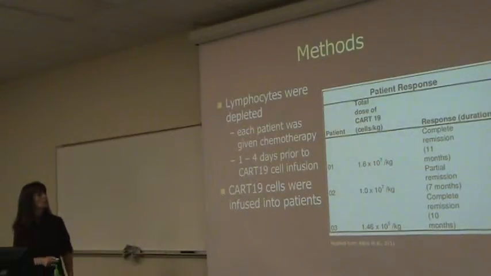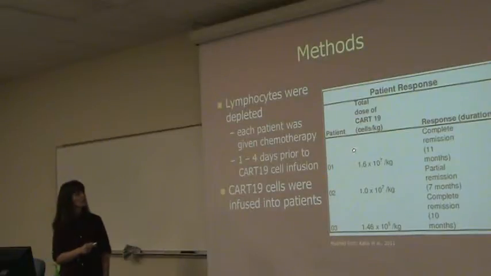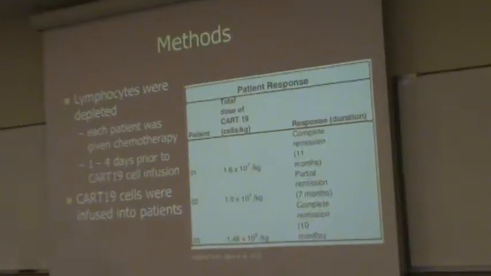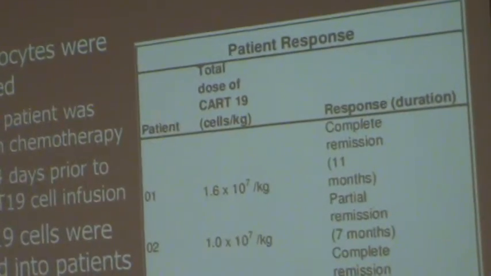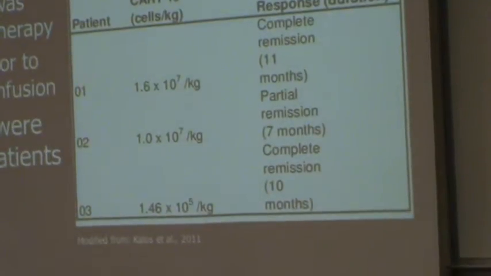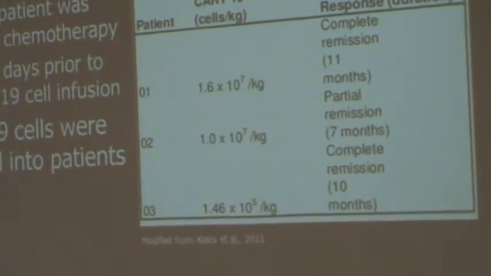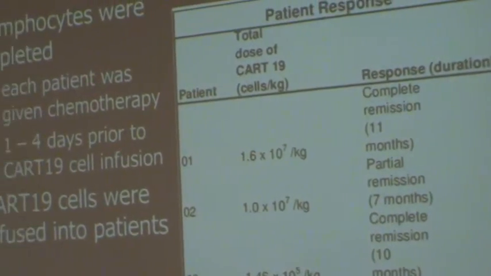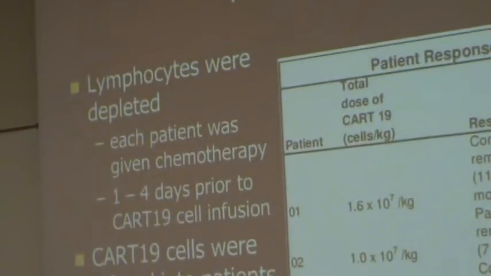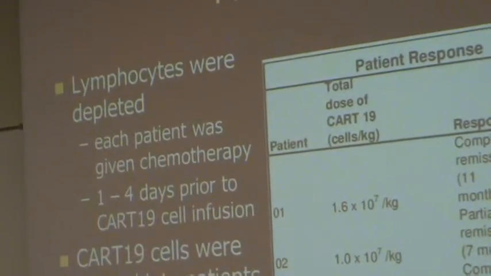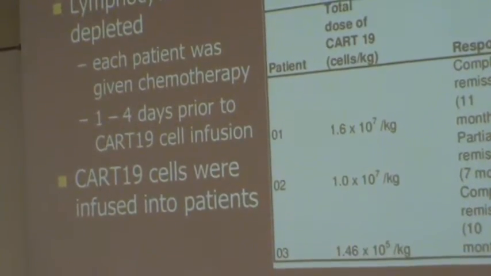Also, one thing that I wanted to point out, this shows the total dose of CART19 cells that were given, based on per kilogram of body weight. If you'll notice, patient 3 had a much lower level of CART19 cells that he was infused with. And this was due to the progression of the CLL, and so researchers were unable to retrieve as many T cells from his blood as they were for the other two patients.